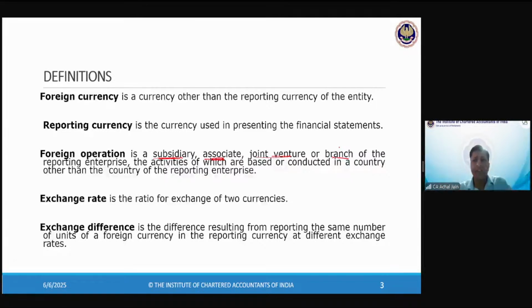So operation means any operation, say a branch, any business unit which the entity has got, if that is outside the country of the reporting entity. So let's suppose there is an Indian company with a branch, say in Japan. So what do you call it? Foreign operation, right?